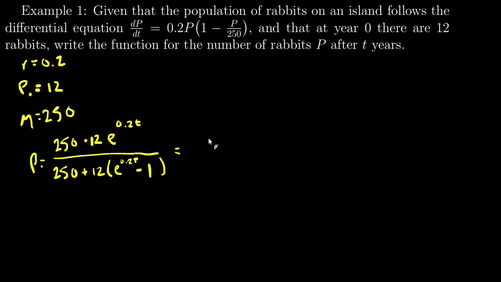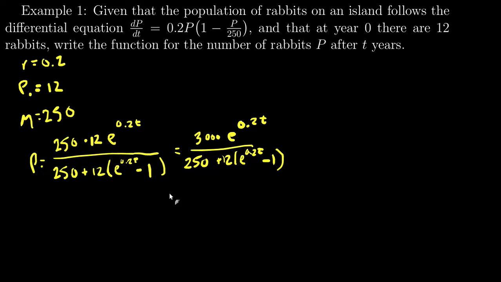So I get 3,000 e to the 0.2t all over 250 plus 12 times e to the 0.2t minus 1. I could distribute through the 12, but it doesn't matter to me, so I'll just leave it like it is. And there is my equation.